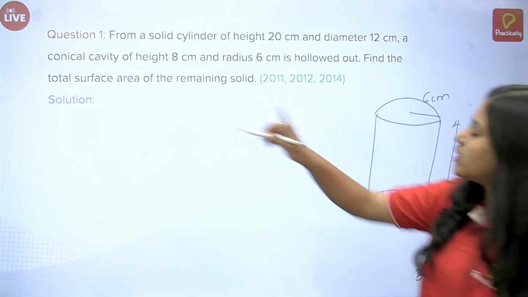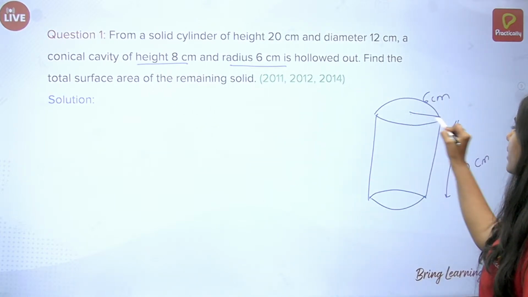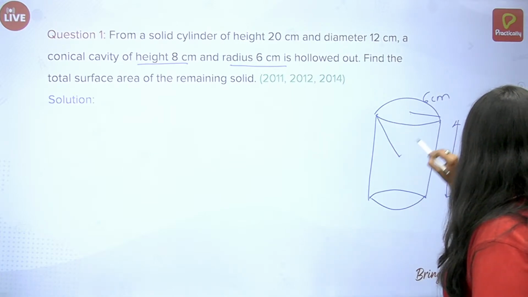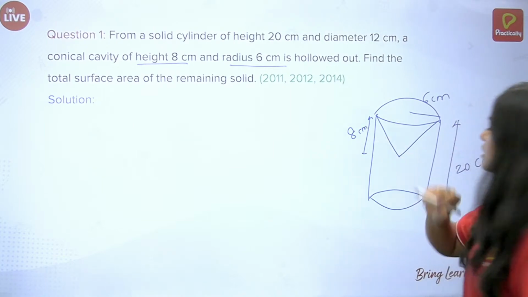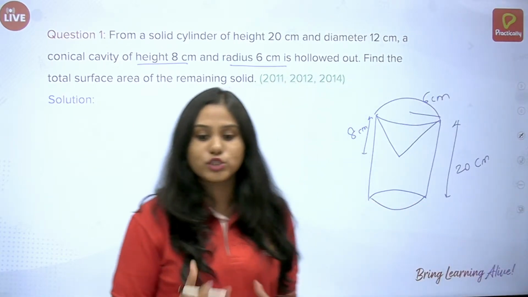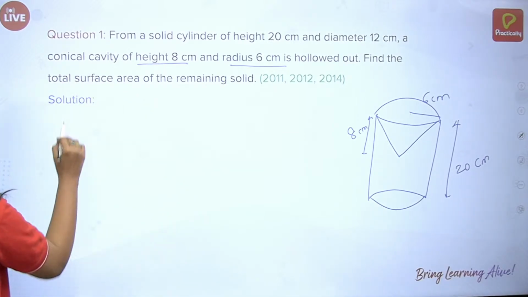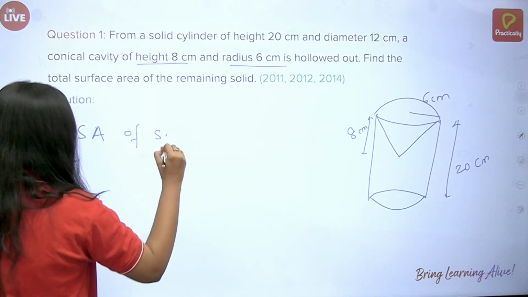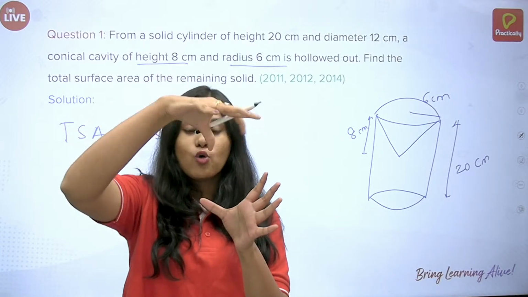And the conical cavity has height 8 centimeters and radius 6 centimeters. So the radius is 6 centimeters for the cone as well, and this is 8 centimeters. Now we should find the surface area of the remaining solid. Total surface area of the solid: just imagine, from a cylinder a cone is taken out.